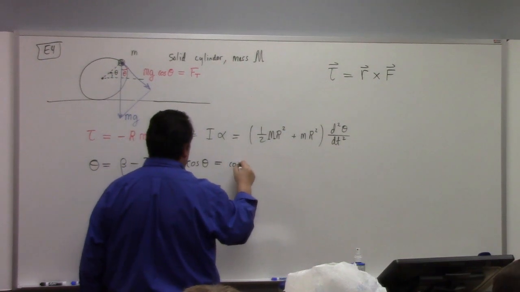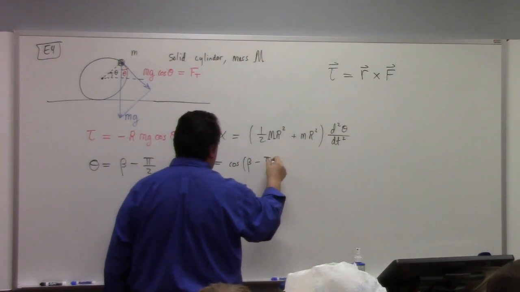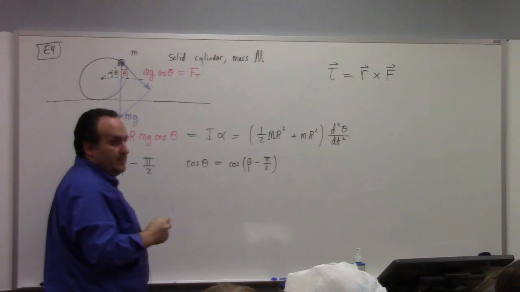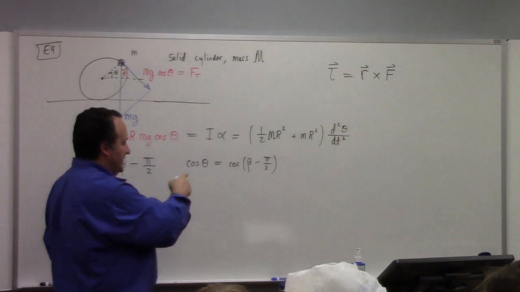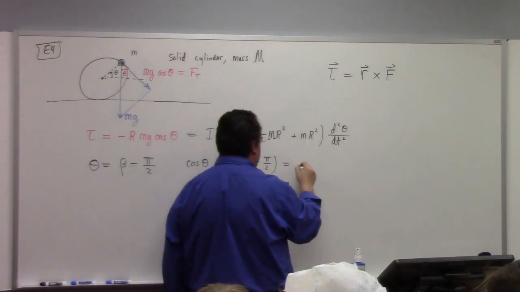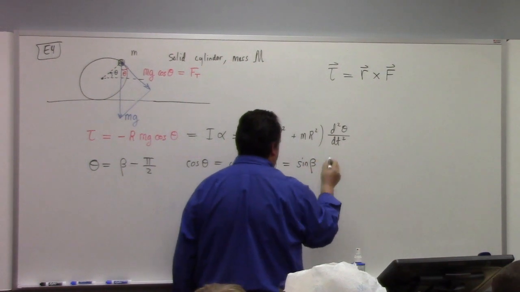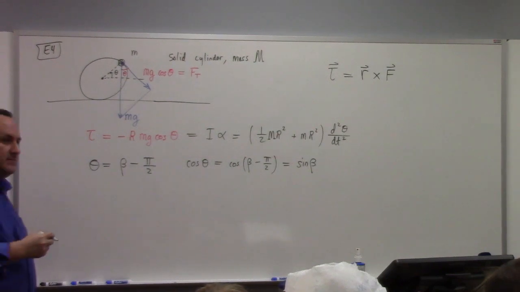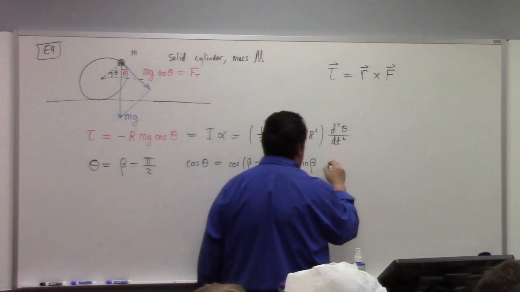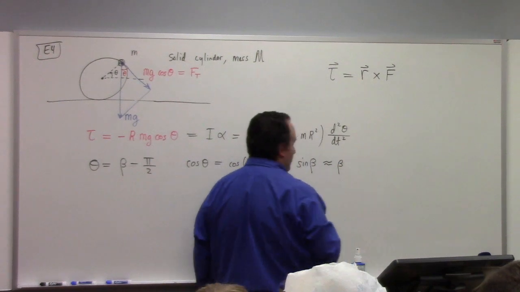Well, you have cosine of beta minus pi over 2, right? So in this context, this is just sine of beta. And if beta is small, this is approximately beta.